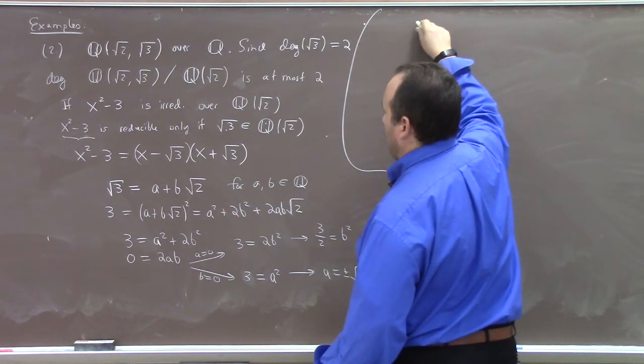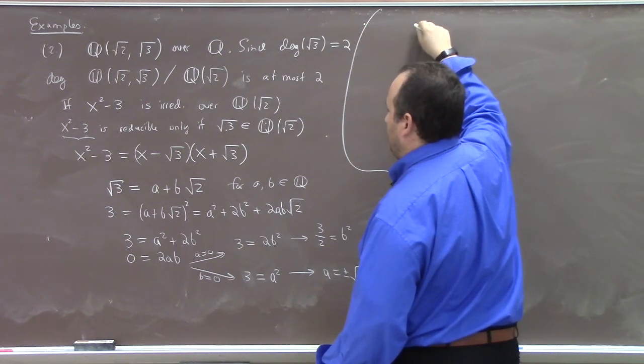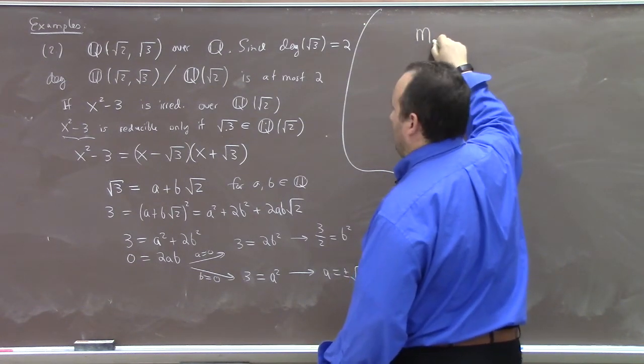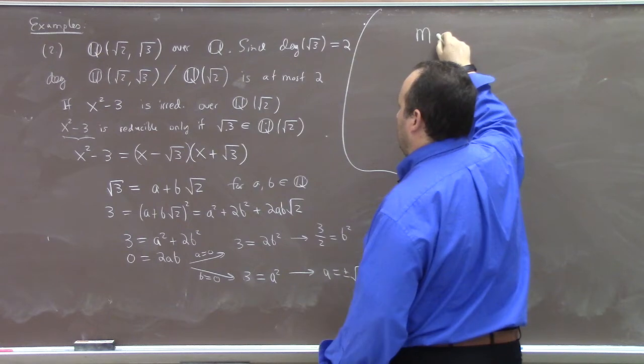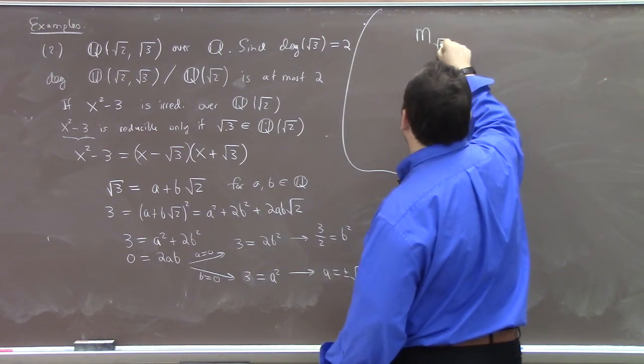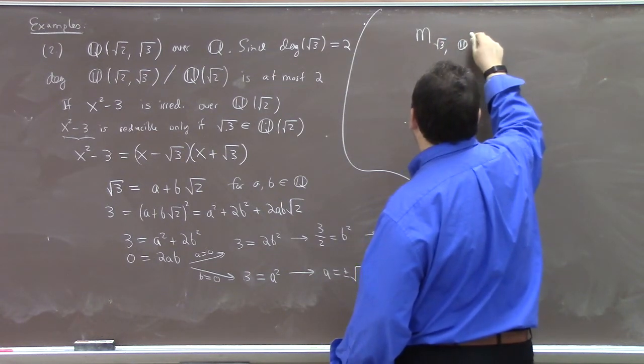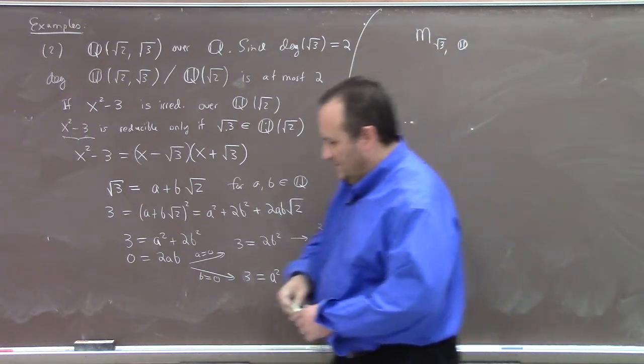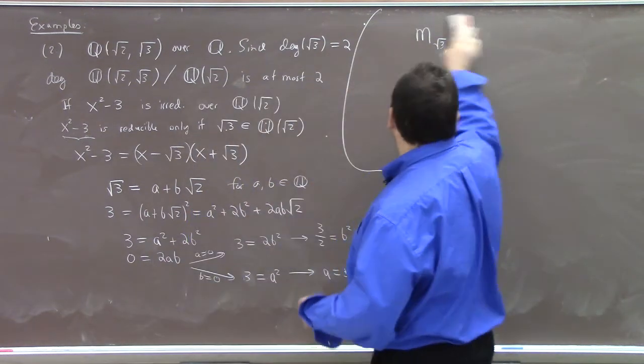So we just got the minimal polynomial of square root of 3 over Q adjoin... Why am I writing all this? Let me just get to the point.